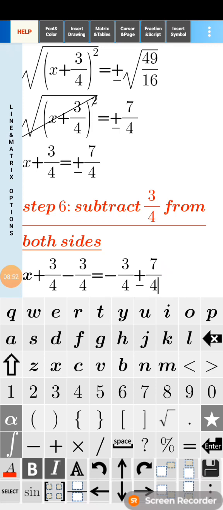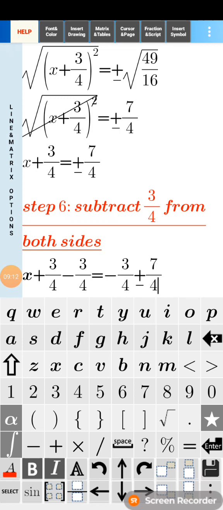over 4. Now take a look at this variable. From the second equation, that is the second solution after the equal sign, I did not take my 3 over 4 to the other side of 7. Why?